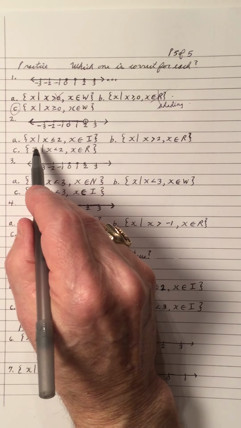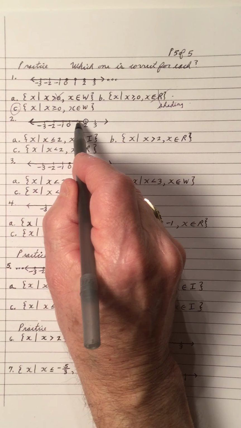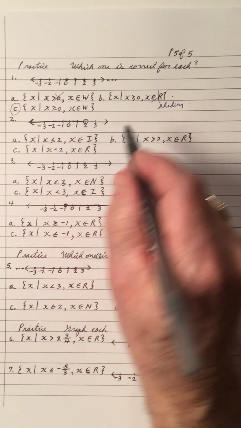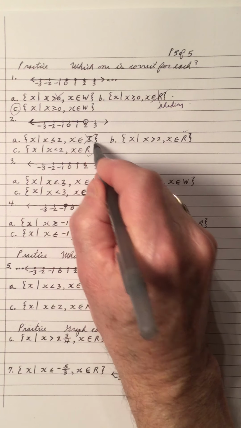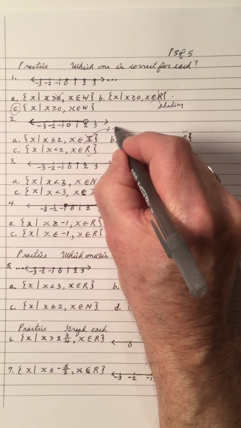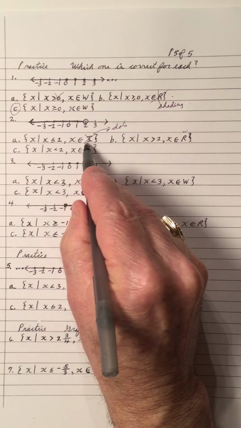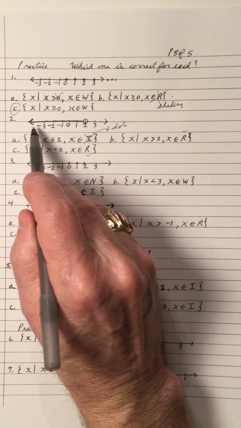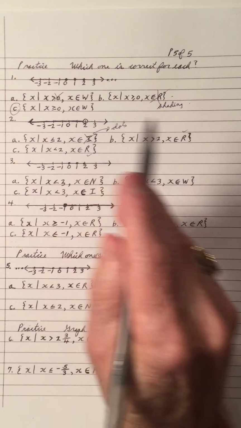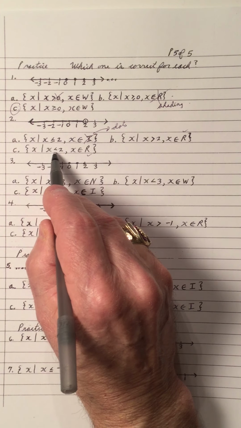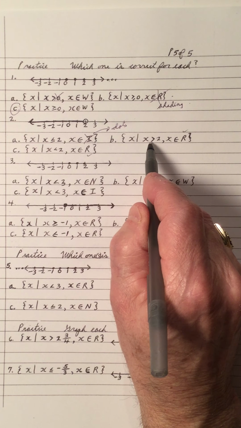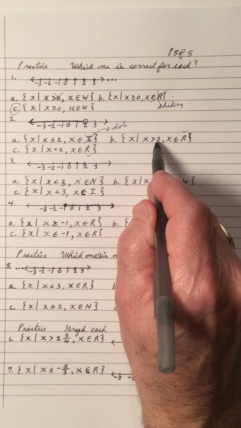Number 2. Notice I have a shading. As soon as I have a shading, I say, oh, I have reals. Yep. So I can't have integers because integers are dots. So right away, if you look at the set of numbers, dots or shading tells you which one to work out. So I'm looking at one of these two. Right here in B, I have x is greater than 2.